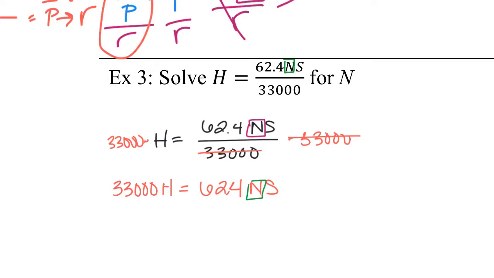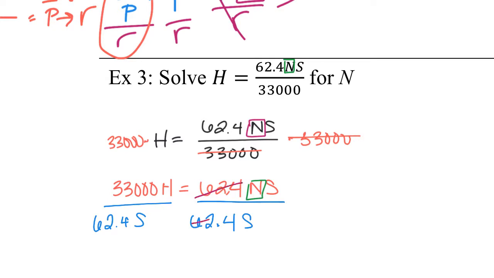Well, to undo multiplication, we're going to divide. Since they're all being multiplied, I can go ahead and divide by more than one thing to get rid of two things at once. So I'm going to have to get rid of the 62.4 and the s. So I'm going to divide both sides by 62.4 and the s.